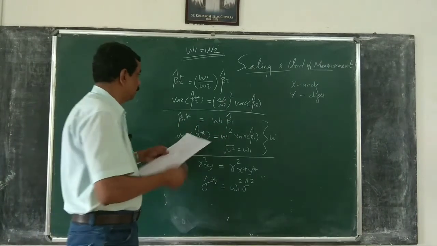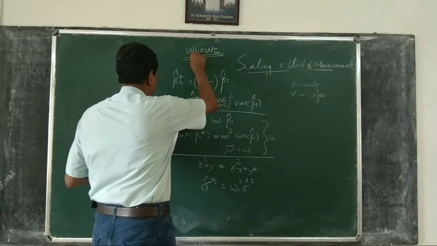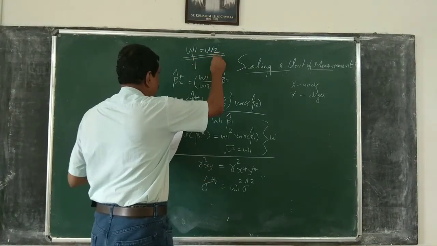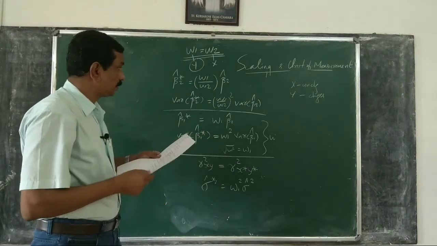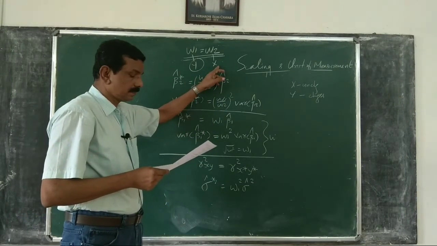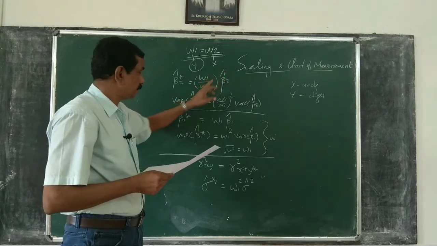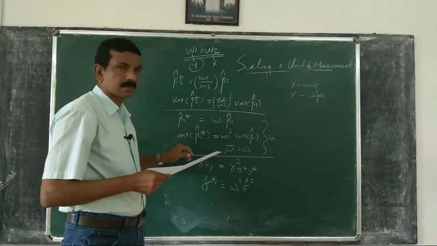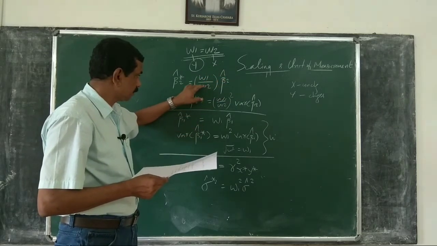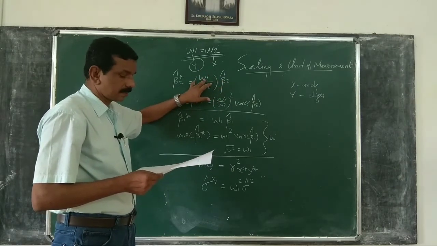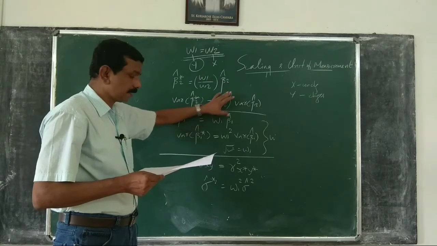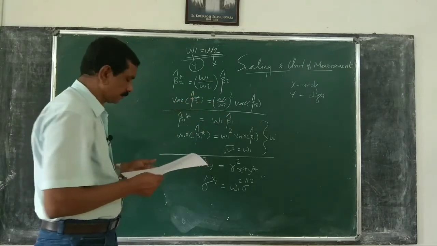That is, W1 is the scale factor of Y, W2 the scale factor of X. So if X scale is not changed, W2 is not changed, only W1 changes. W2 not changed means it remains the same. W1 alone changes. Slope, intercept, and the standard errors are multiplied by W1.